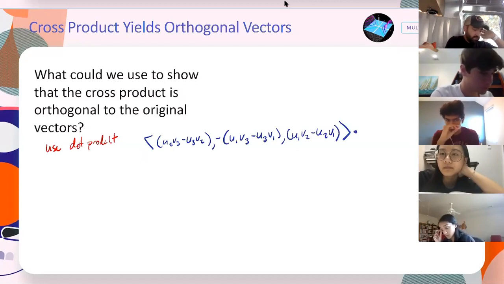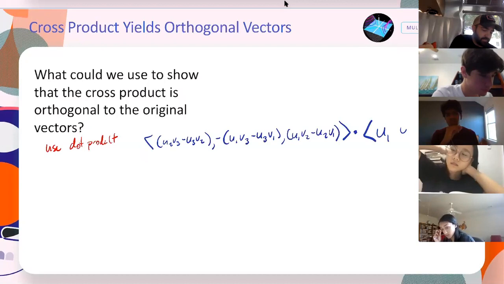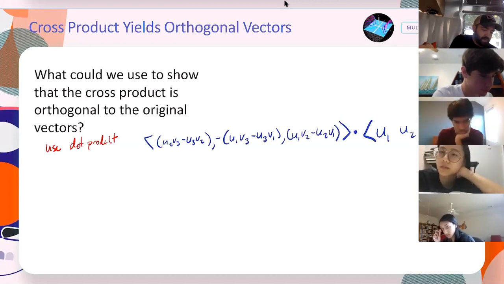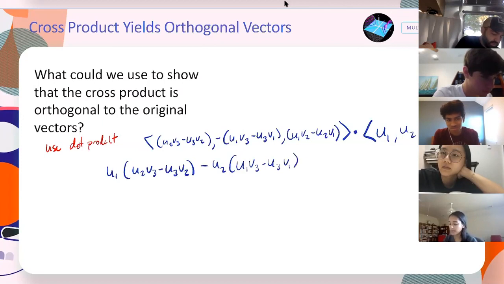If we multiply that by either U or V, it doesn't really matter. Remember that yesterday, if they're orthogonal, the dot product should be 0. So if I take the dot product there, I'll get U1 times (U2 V3 minus U3 V2) minus U2 times (U1 V3 minus U3 V1), and then plus U3 times (U1 V2 minus U2 V1).